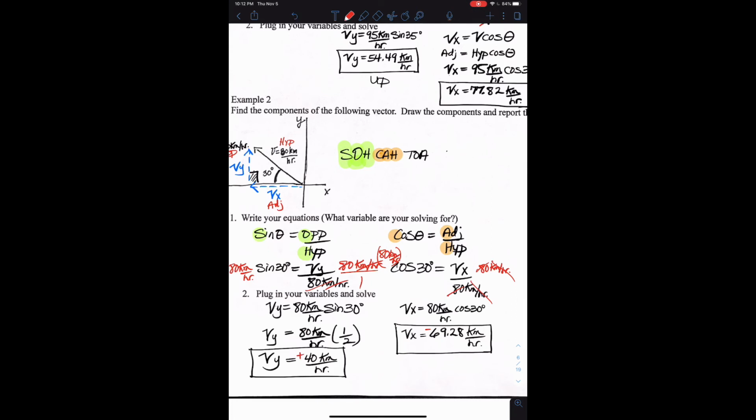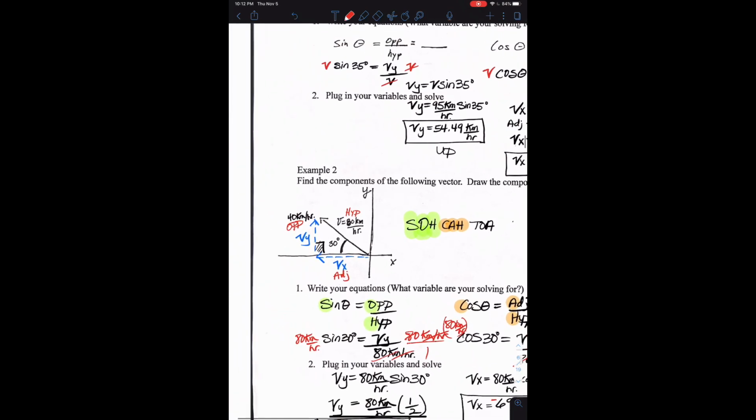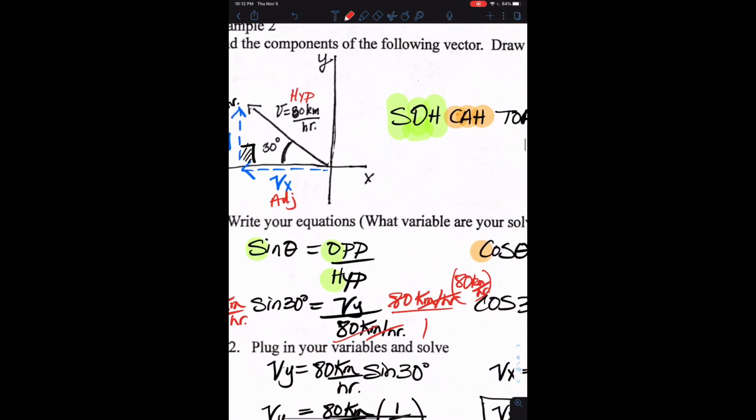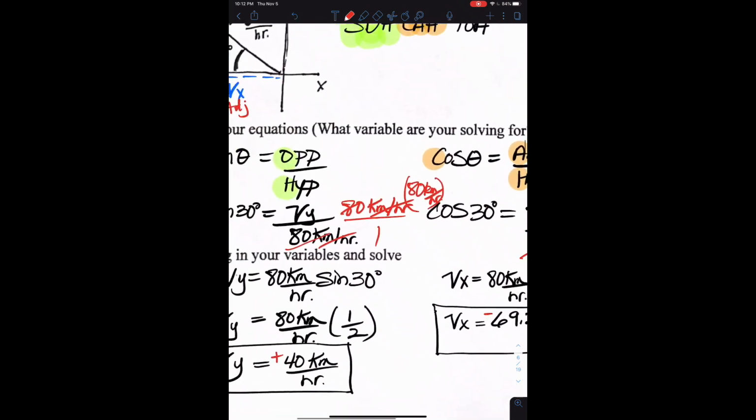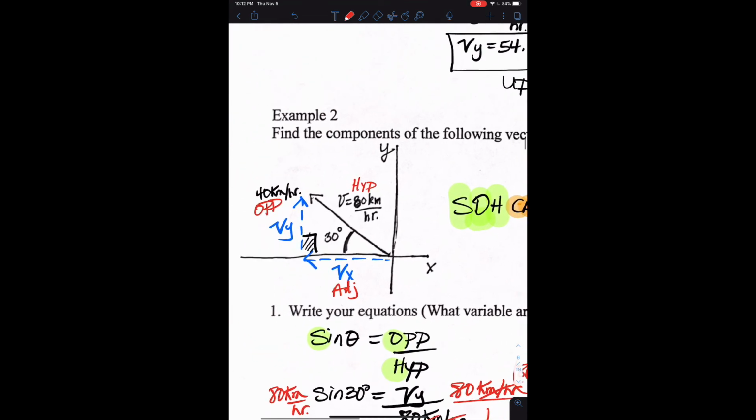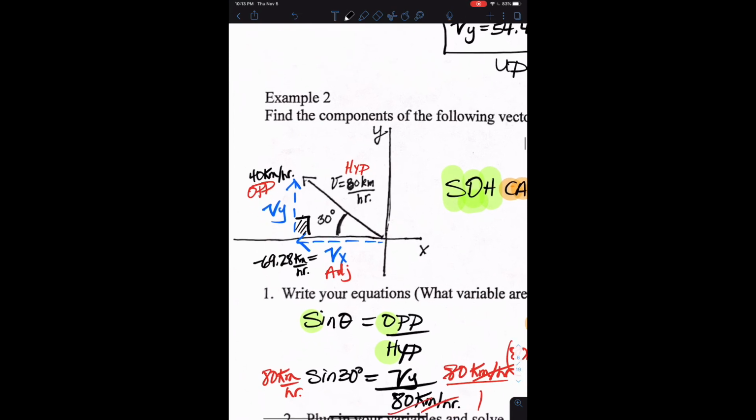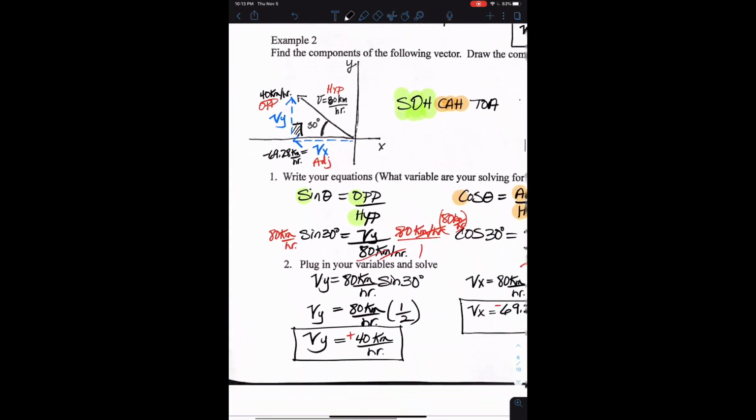All right, so I'm going to come up here and write this. What do we say? 69.28, negative 69.28. All right, something like that. And we are done.